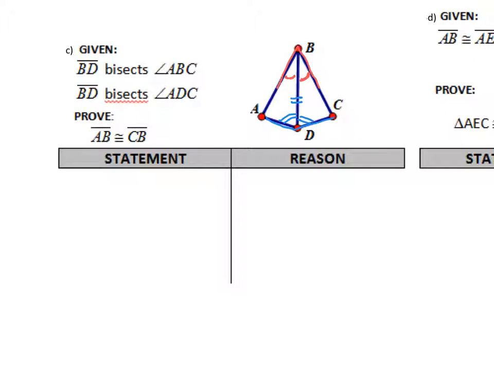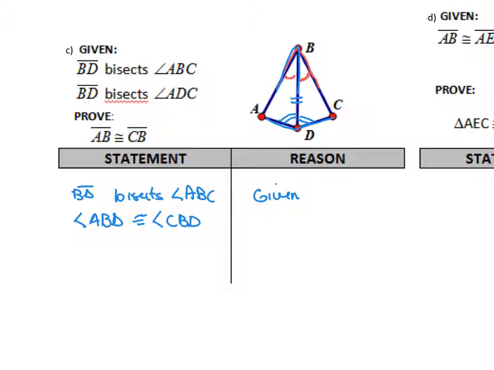Okay, so writing up this proof, I'm going to start with my given that BD bisects angle ABC because it's given, which allows me to say that angle ABD, that's this angle ABD, is congruent to angle CBD by the definition of bisect, or a definition of an angle bisector.